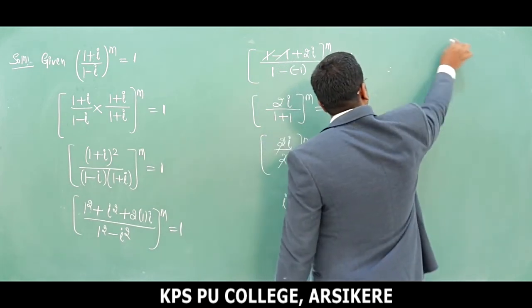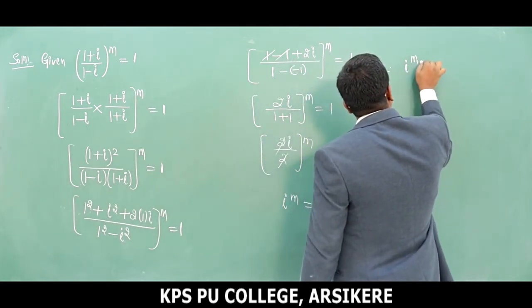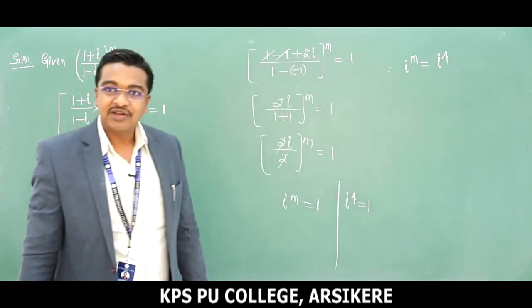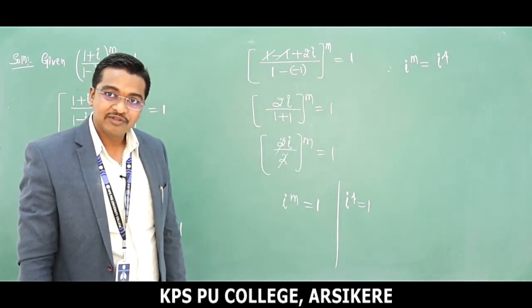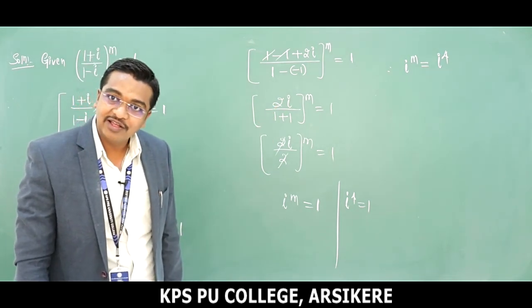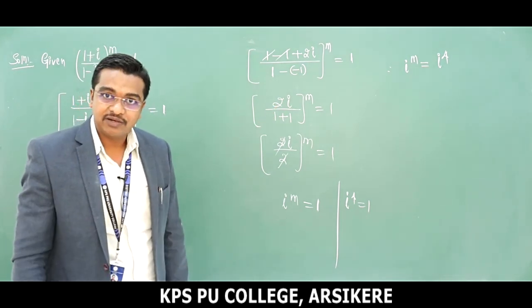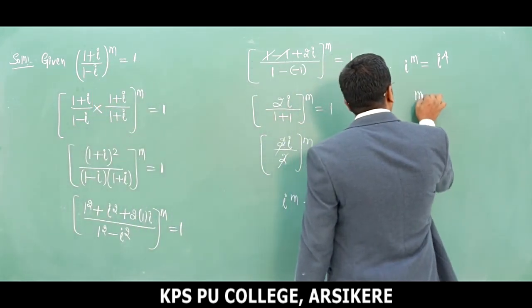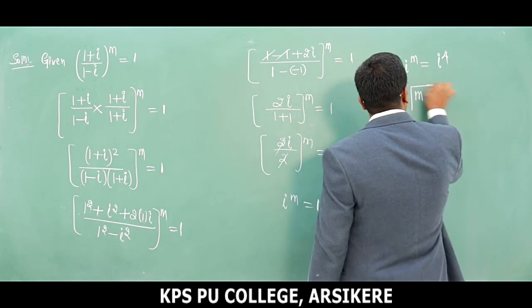Therefore, i power m is equal to i power 4. When the bases are same, the corresponding powers are same. Therefore, m is equal to 4.